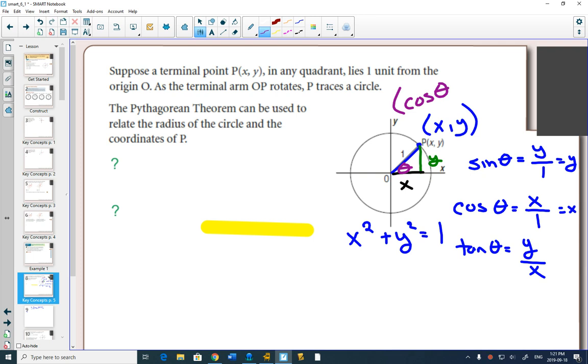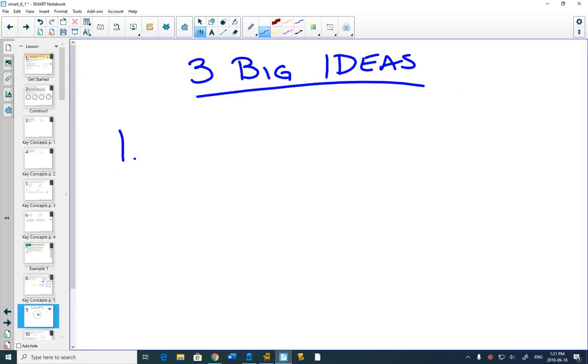And y, well, that's just the same as sine of theta. So now we can rewrite points on the unit circle. Instead of using their coordinates, we can just use the angle instead. That's big idea number 1.